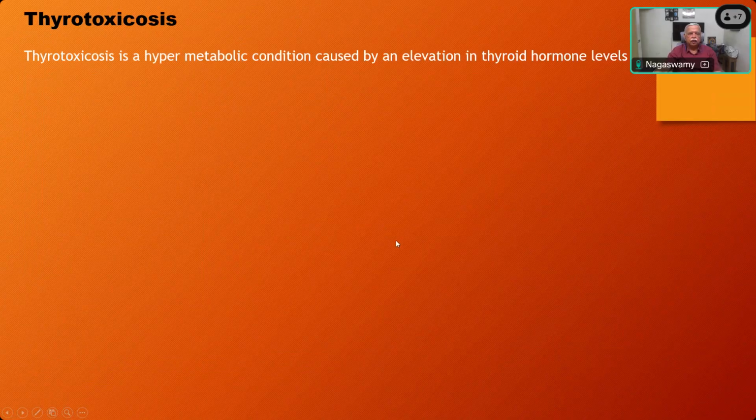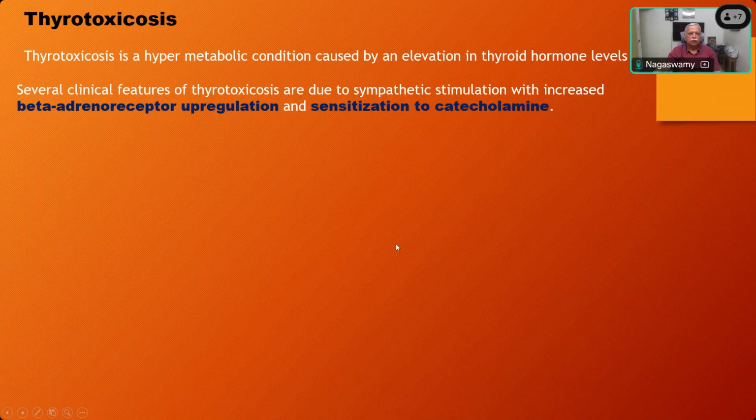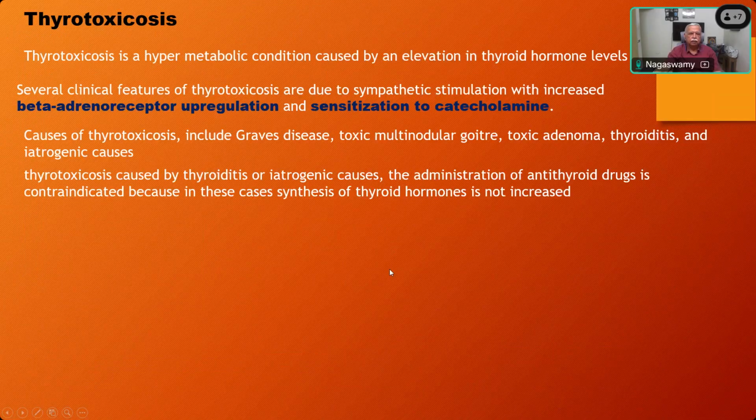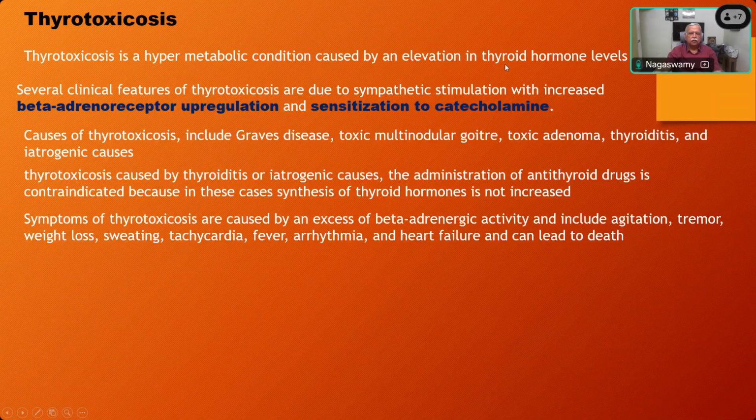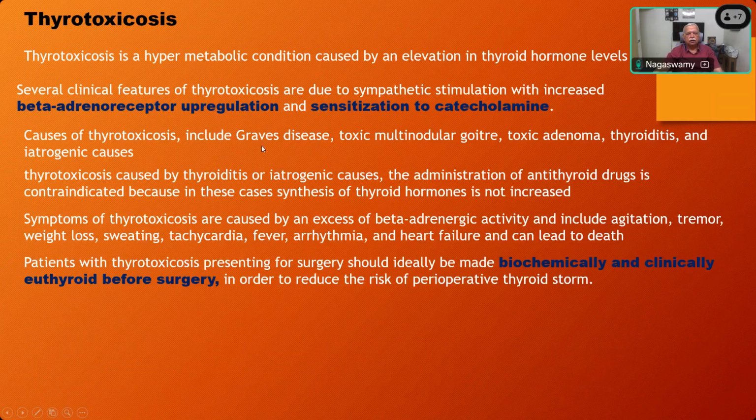The features of thyrotoxicosis, all of you know why it happens. It's a hypermetabolic condition caused by the elevation of thyroxine, and beta adrenergic upregulation and sensitization to catecholamines happens. So the conditions which result in thyrotoxicosis can be Graves' disease or toxic multinodular goiter, adenoma, and other iatrogenic causes of excessive thyroxine intake.